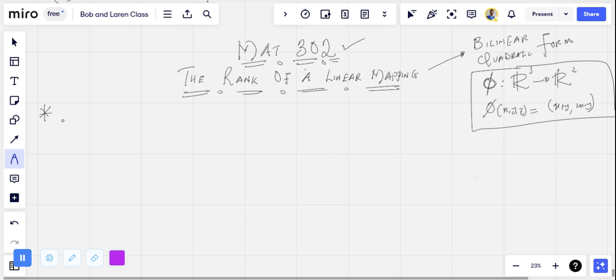But for the sake of the example I want to use, let's try this question, which says: find the rank of the linear map. When you hear the word linear map, you know what's going to follow. We are given a linear map phi, defined from R4 into R3.